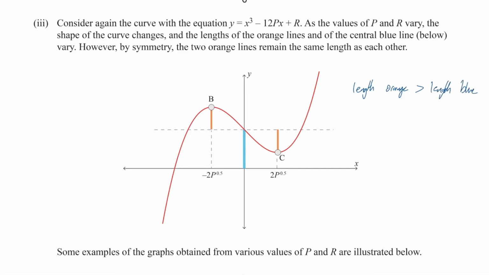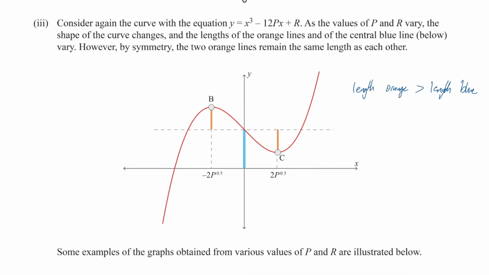Right? If it's less, like is the case in this picture, we just have 1 intercept. If it was equal, we'd actually have 3 intercepts, however 2 of them would be the same, right? They're just touching the x-axis. So this orange line must be greater than the blue line.